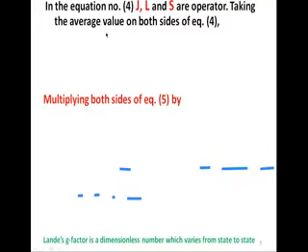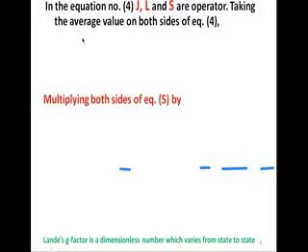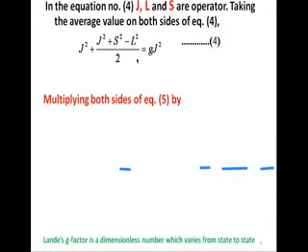From this equation, we further solve it, and what we do, we take the average of equation number 4. Let us again write equation number 4, because here we want to learn one thing more. See this J square.